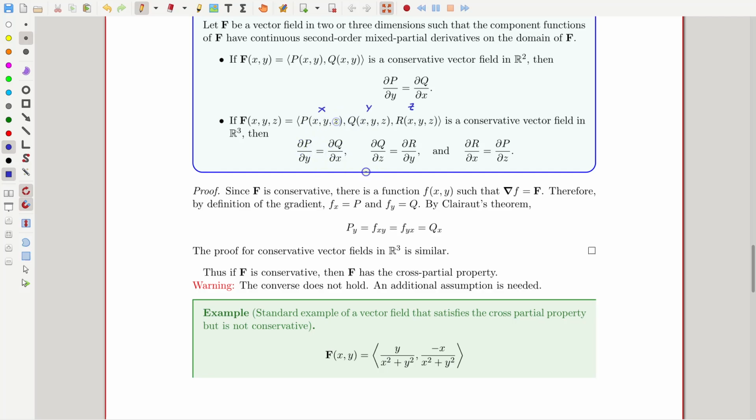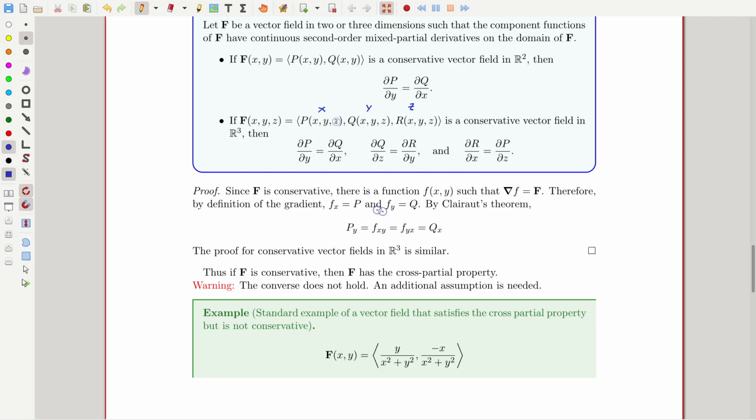If we instead select y and z, q and r, that's these two, then notice that the cross partials property is saying q sub z is equal to r sub y, which is that. And if we select x and z, p and r, then the cross partials property says p sub z is equal to r sub x, which is that property there.